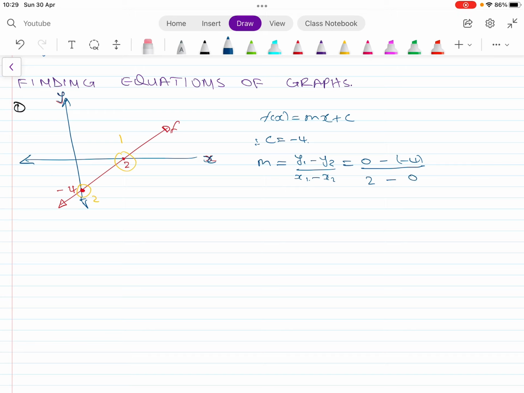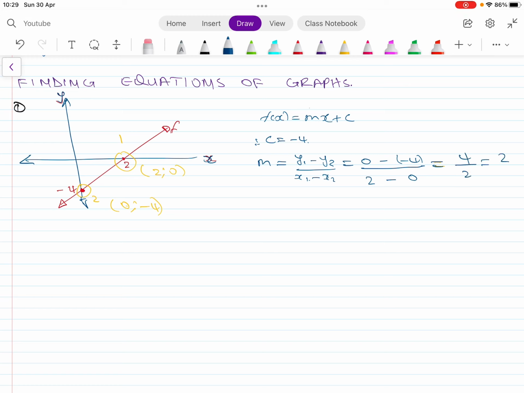Or just to avoid unnecessary confusion, write these things as coordinates. The x is 2, y is 0. The other one, the x is 0, y is negative 4. And then you can do the substitution into this formula, and then you'll realize that your gradient is equal to 4 over 2, which is just 2.